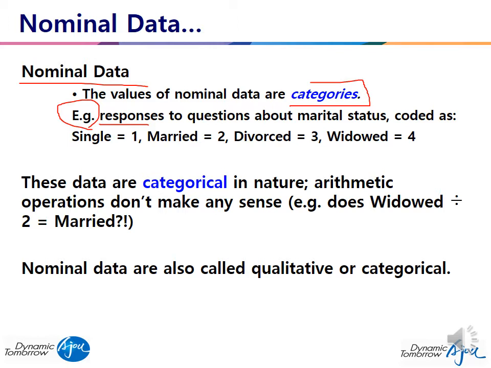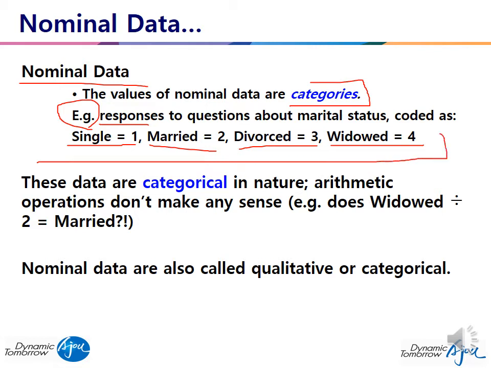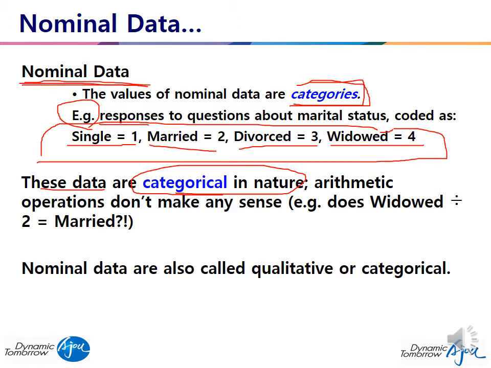If you get this response, then you can code in your computer single as 1, married as 2, divorced as 3, widow as 4. This is an example, and these are categories. These data are categorical in nature. So if you see categories or categorical, then these are nominal data.